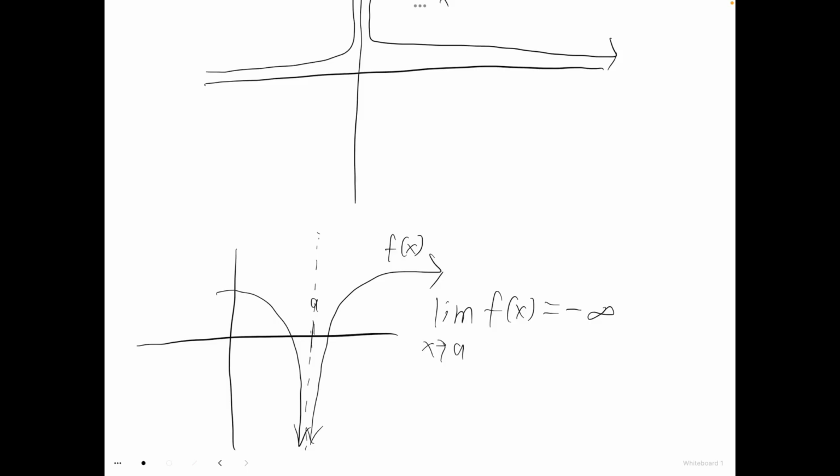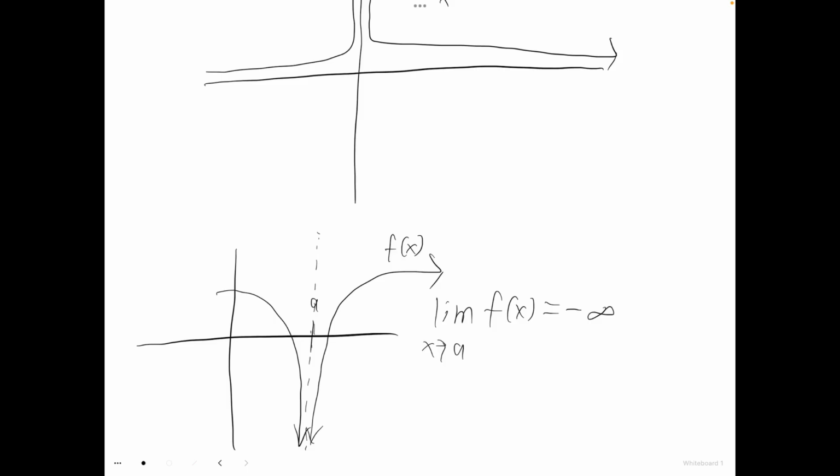And now these are both equally viable limits to have, but once again, we aren't really getting a value out. We're getting out this idea of infinity or negative infinity, which is just telling us that we have a vertical asymptote, or that we're getting really large, either positive or negative.